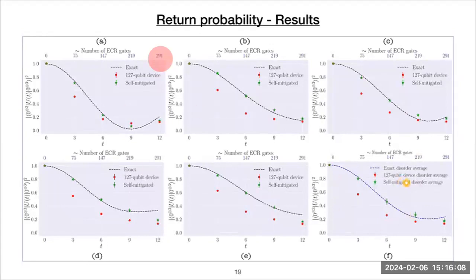And the 6th one, in a different color, I don't know whether it is visible properly, is the disorder average over the first 5. The red is the data points coming from the IBM machine, and it is a little lower than the expected black, which is the exact result. But the green one is the data taken from the IBM machine to which we add some error mitigation.